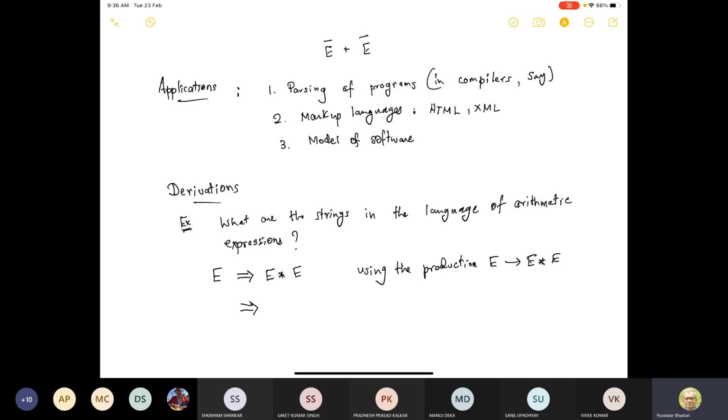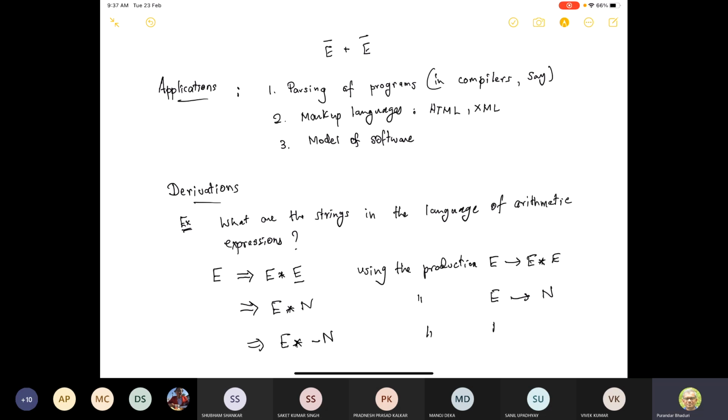So this can be rewritten to E star n. And here we use the production. Right? It is this E which is being rewritten. And this will derive in one step E star minus n.